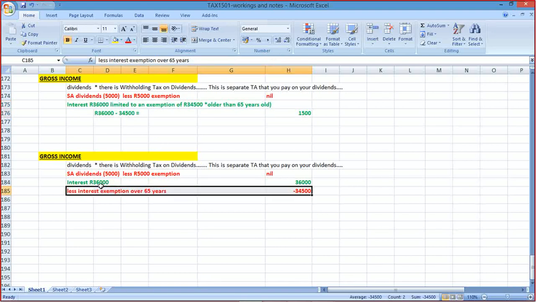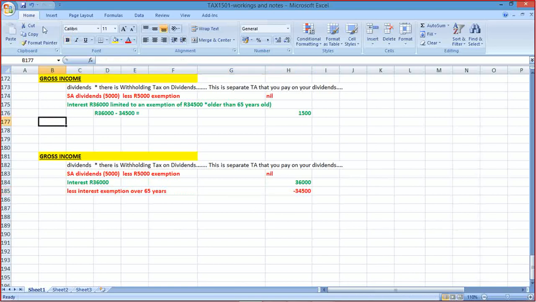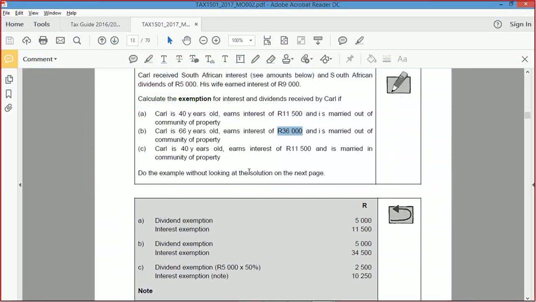I'm showing income, but I'm exempting 34,500, meaning I'm not going to have to pay tax on it. So I can either show it like this as a separate working, or show it like this where I show the full amount and then I show the exemption that he receives. It shouldn't matter. You should mark either or right, as long as you're applying the correct rules.